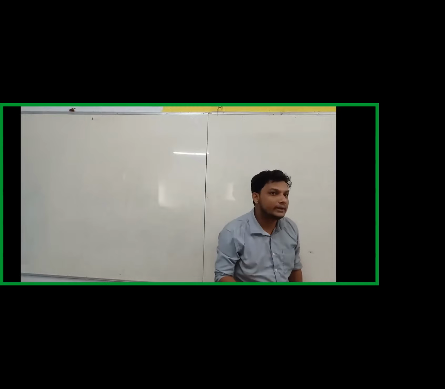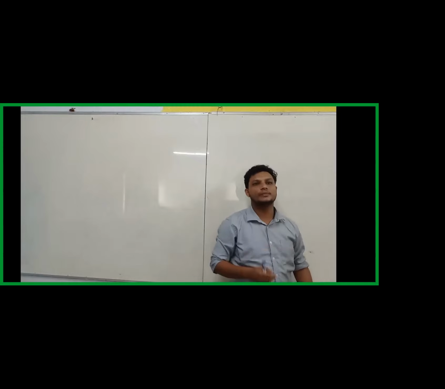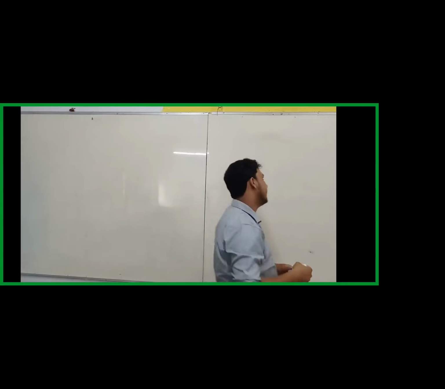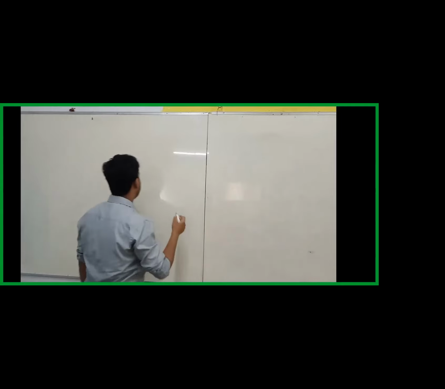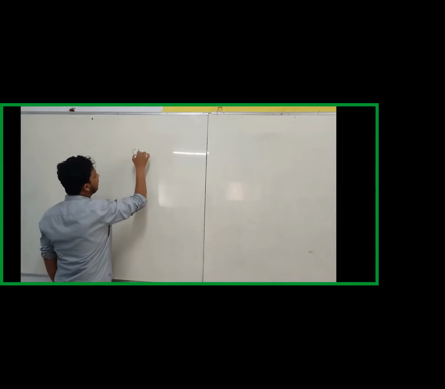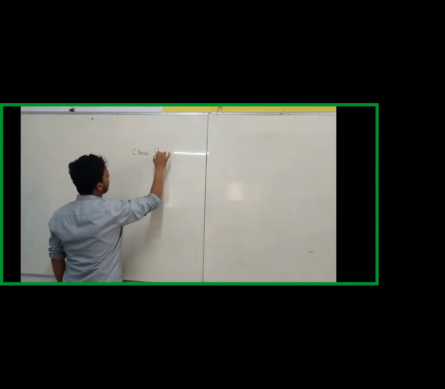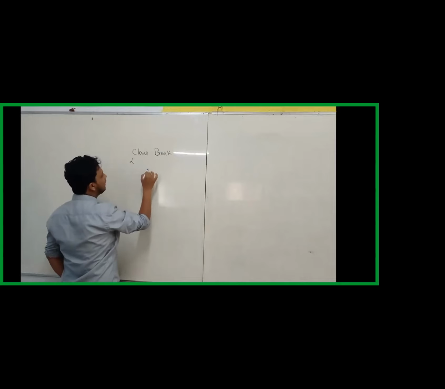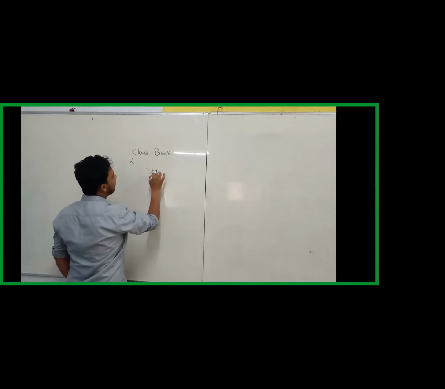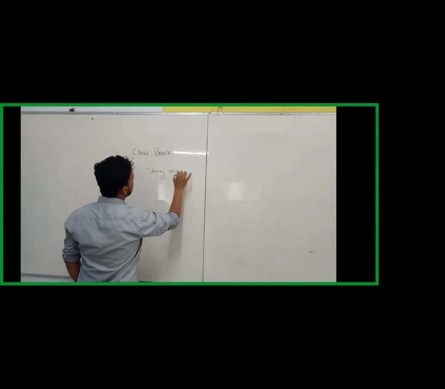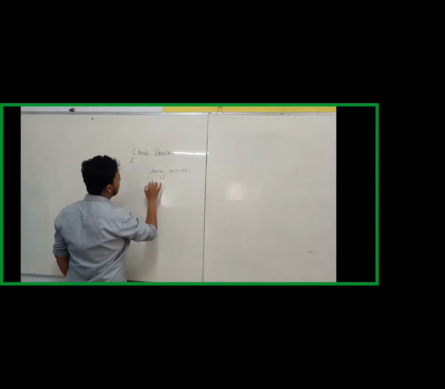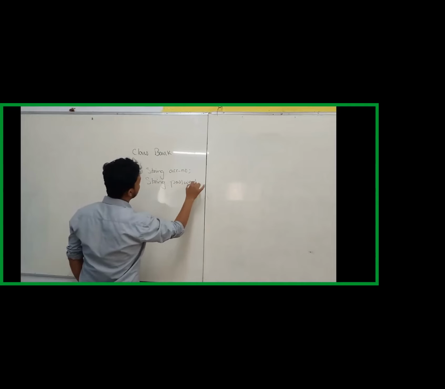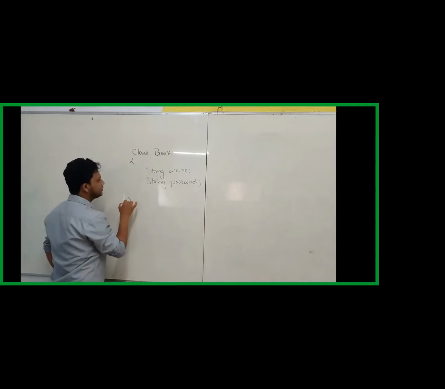How do we bind the data? By declaring those variables as private instance variables. Am I clear? For example, let me write a program. I'll write class Bank. Inside this, I'll write String accountNumber and String password. Now I'll close this class.